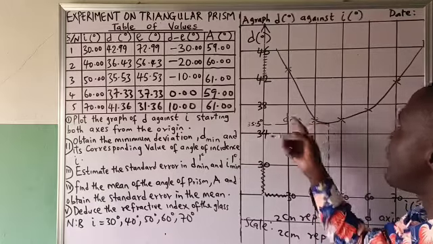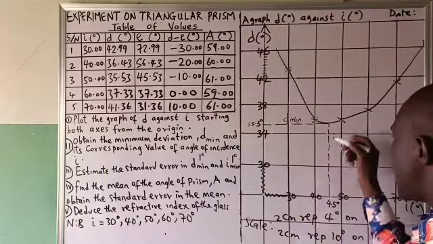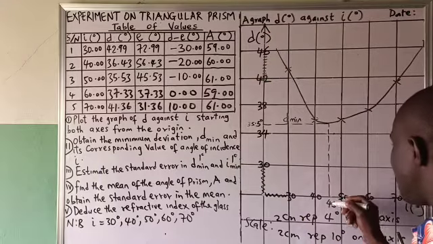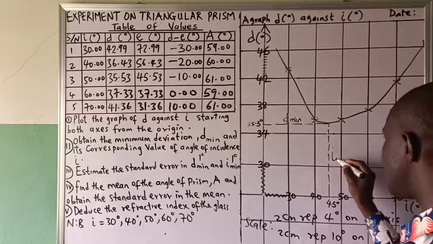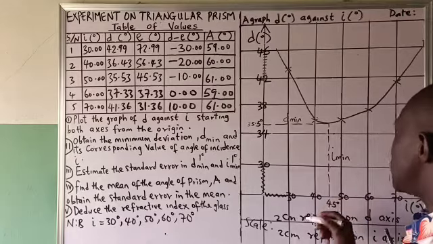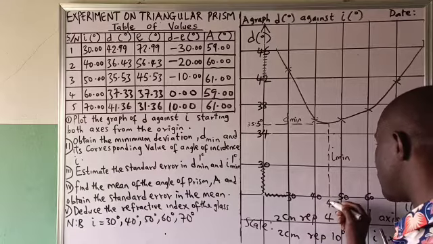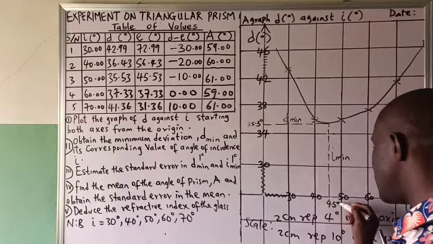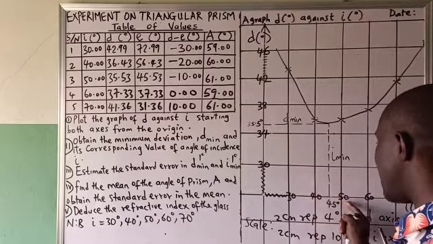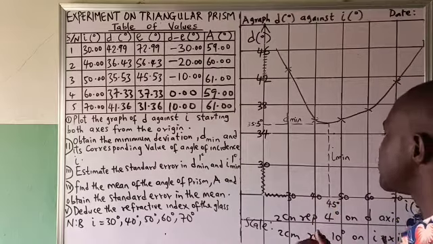That is the minimum value you have in the D part. And the minimum value you have on the I part, we call it I minimum. That is in between 40 and 50. So in between 40 and 50, you have 45 degrees.